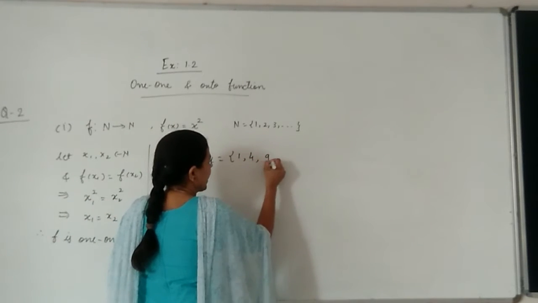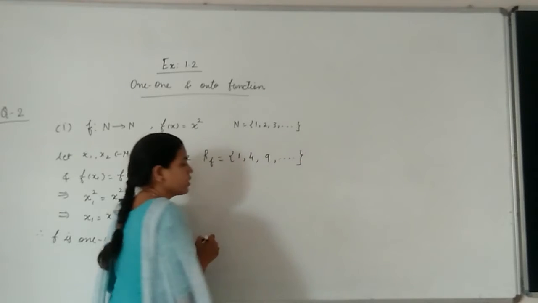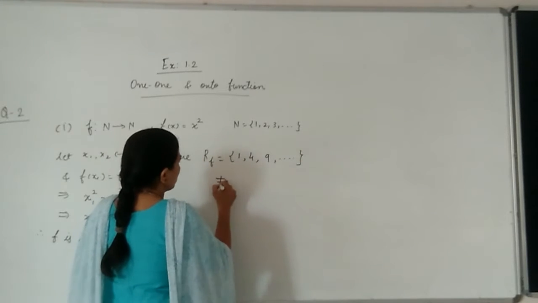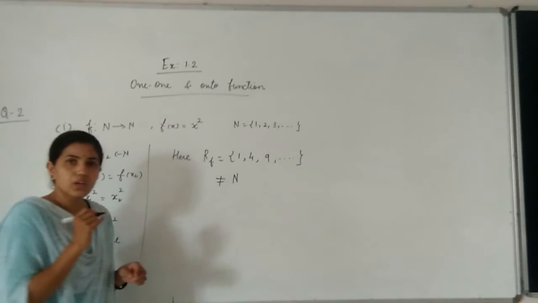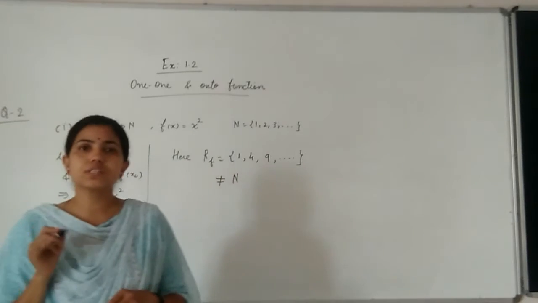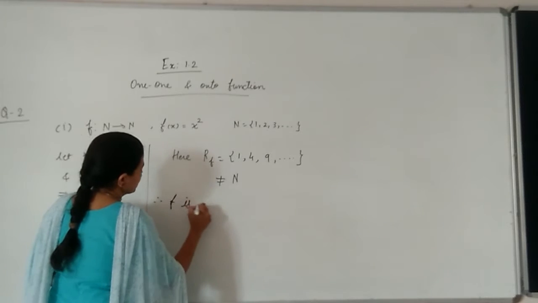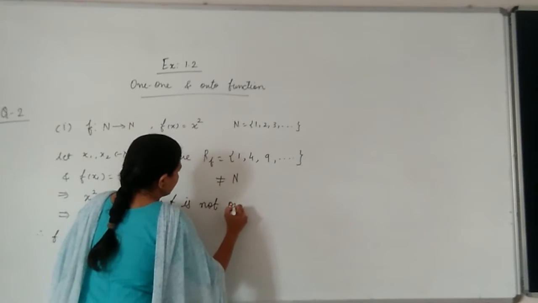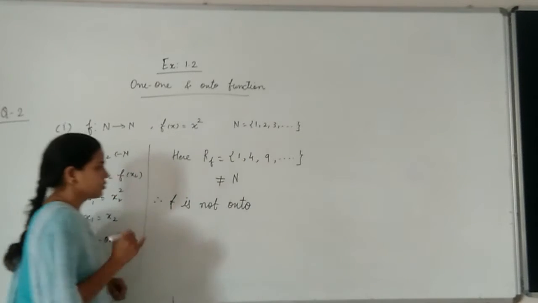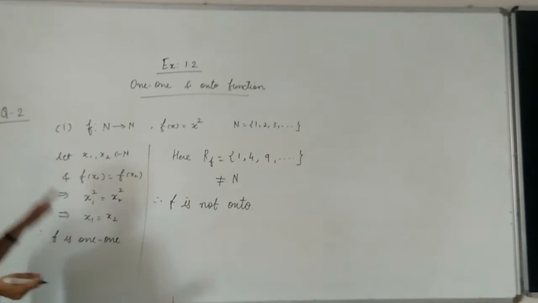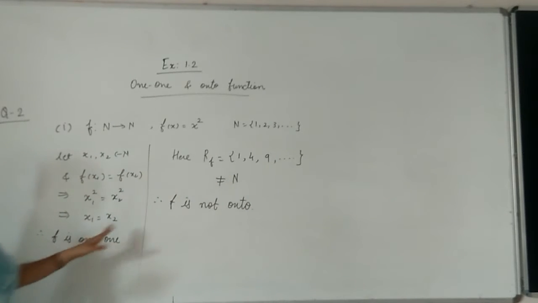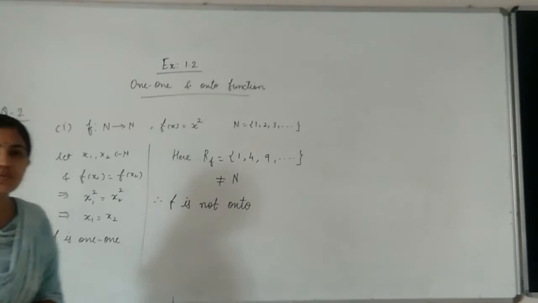Then 3 gives 9, and so on. So here you can see, students, this set is not equal to the set of natural numbers. Therefore, f is not onto. So it is true for the first part that f is 1-1 but f is not onto.